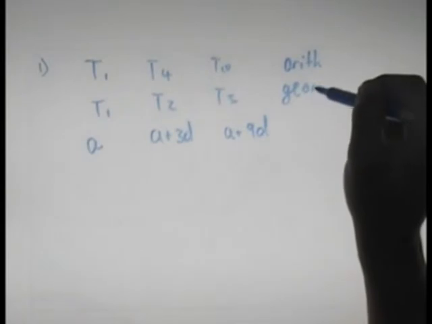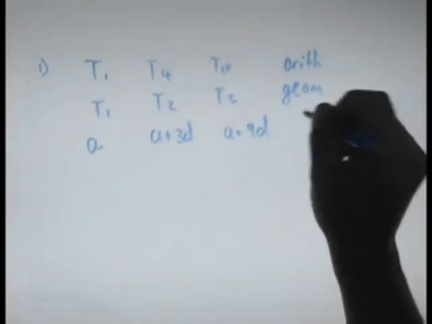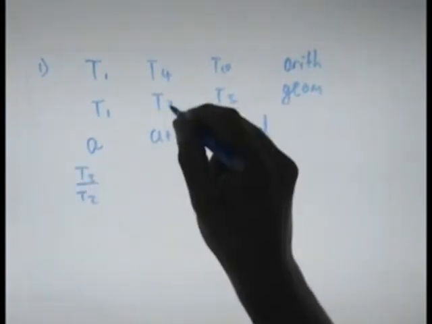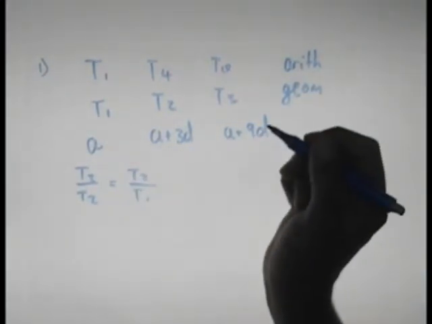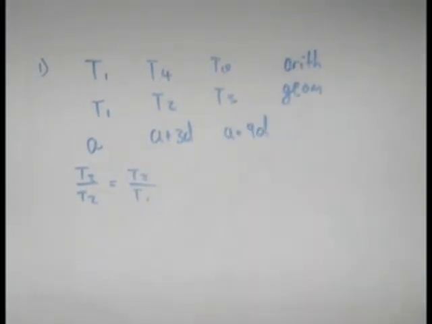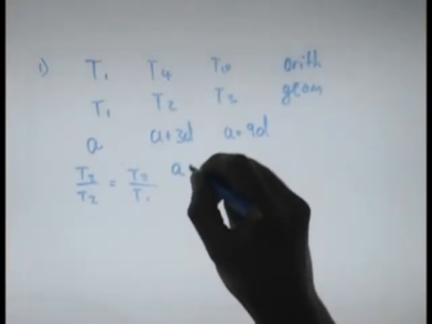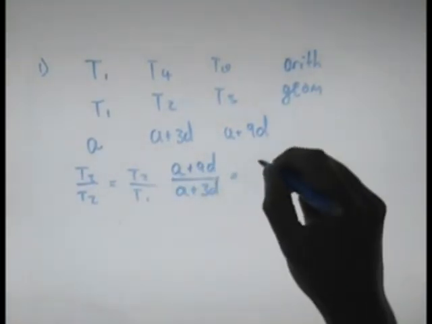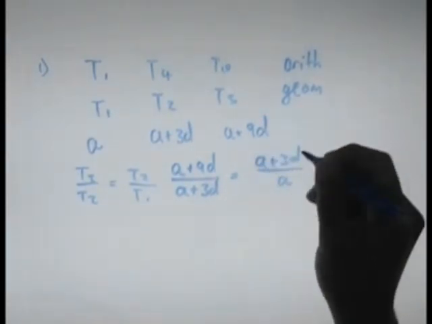Now remember, in a geometric progression we have a common ratio, which means that term 3 divided by term 2 has to be the same as term 2 divided by term 1, correct? That means that a plus 9d divided by a plus 3d is equal to a plus 3d over a.